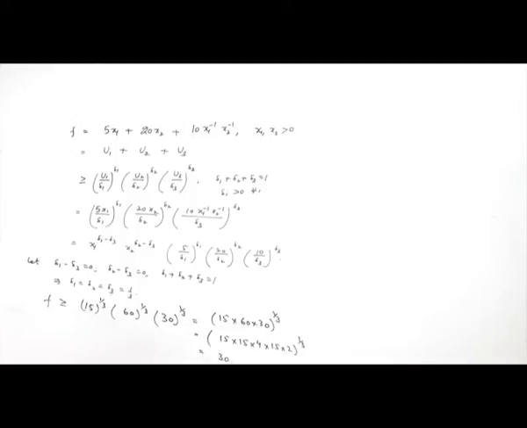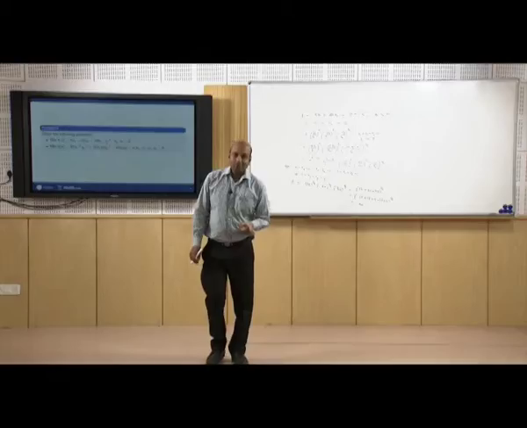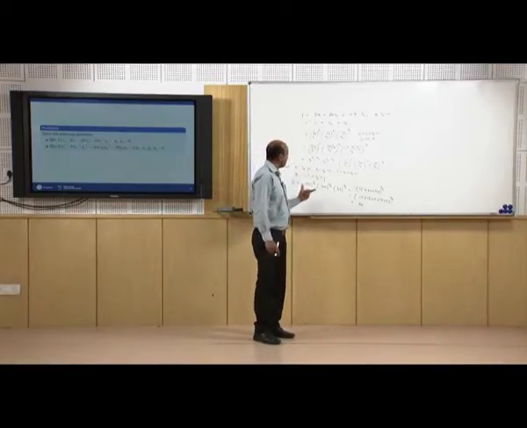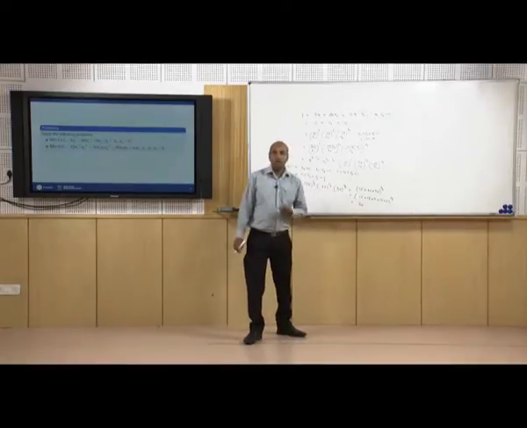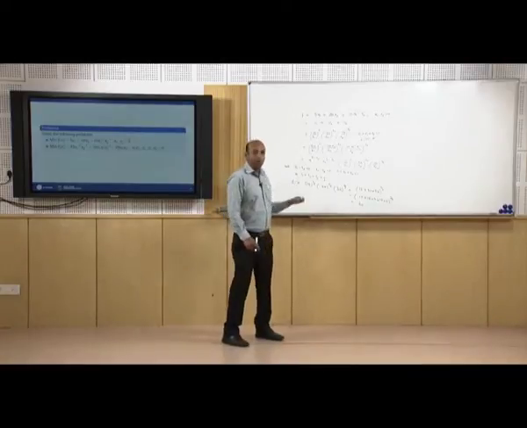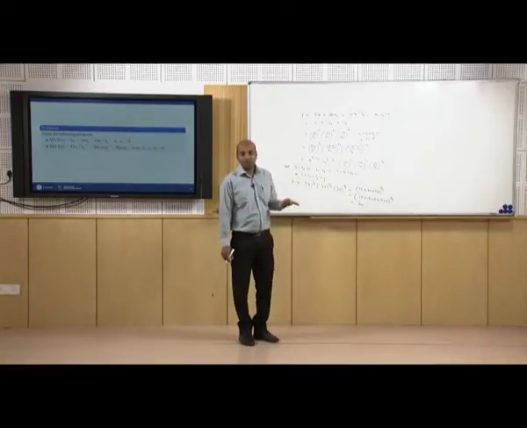Now, for which x1 and x2 is this 30? For finding the values of the variables, we will apply the condition that equality holds when u1 upon delta 1 is equal to u2 upon delta 2 is equal to u3 upon delta 3.